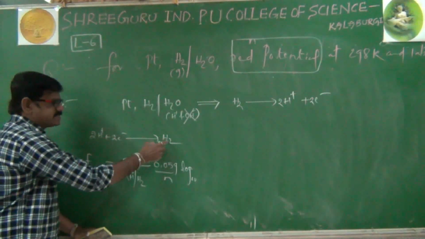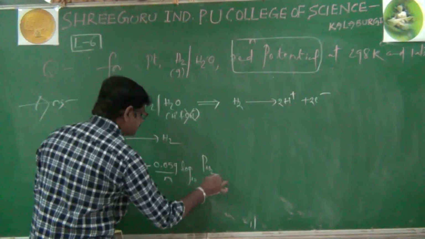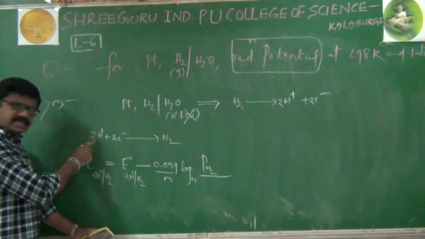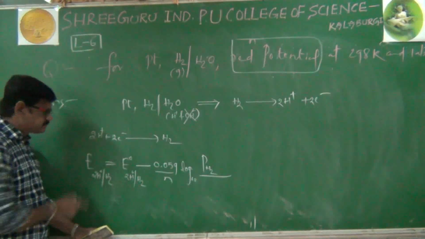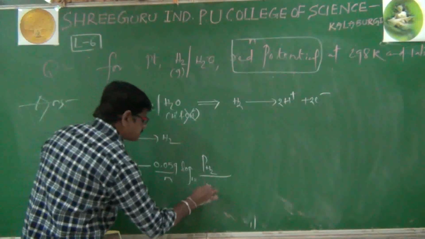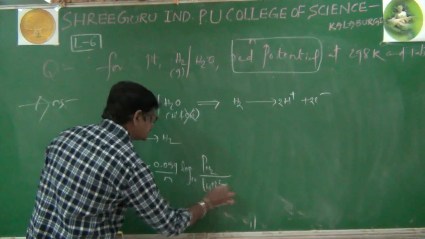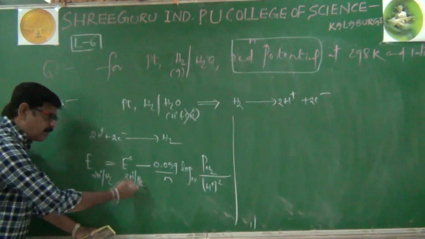The reduced state is nothing but again hydrogen gas, so we have to take its partial pressure, divided by the concentration of H plus. Here the stoichiometric coefficient is 2. Whatever the coefficient is, we write it as the power. H plus squared.